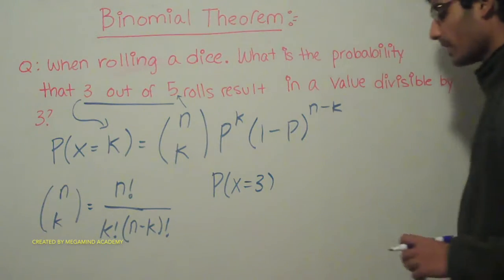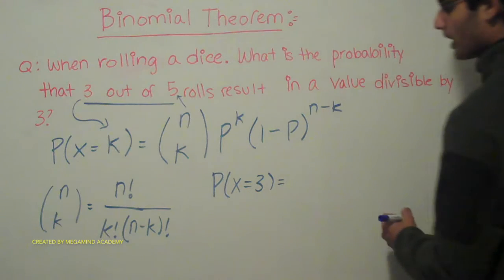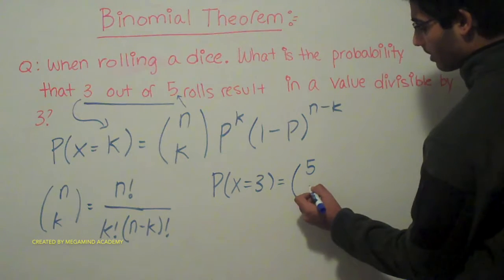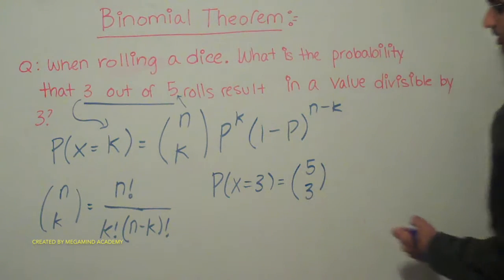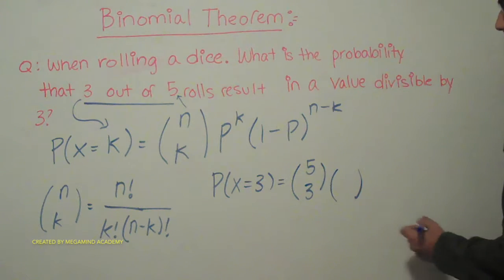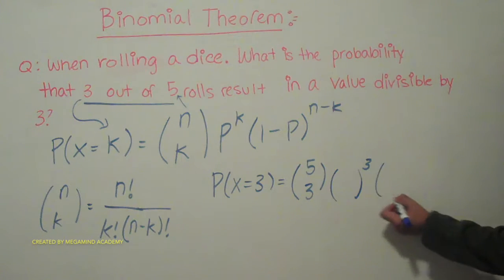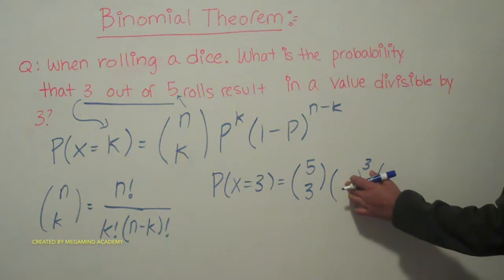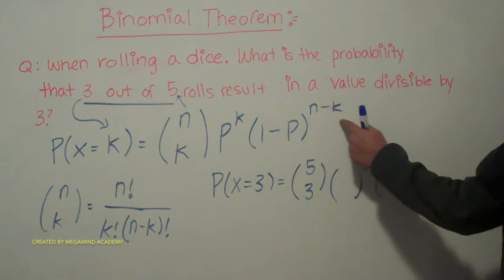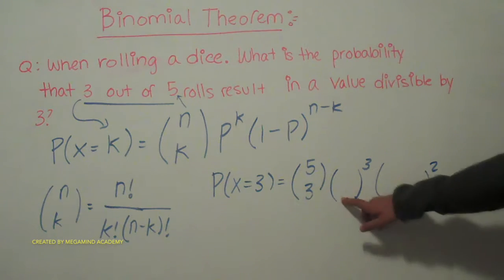We have the total number of trials, n, which is 5, choose 3, which is k, multiplied by p, we don't know that yet, to the kth power, so the 3rd power, multiplied by 1 minus this probability of a success, we don't know that yet, to the n minus k, or 5 minus 3, which is the 2nd power. So now let's figure out these probabilities.